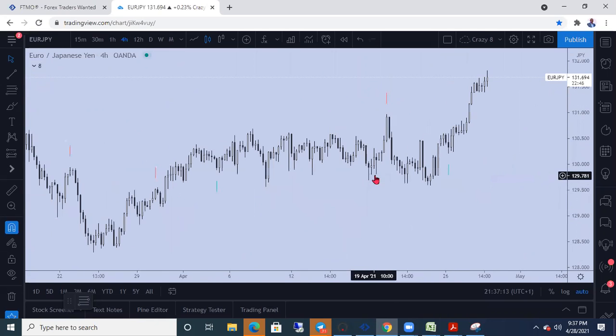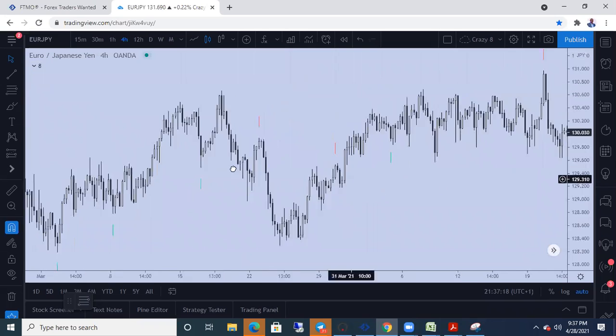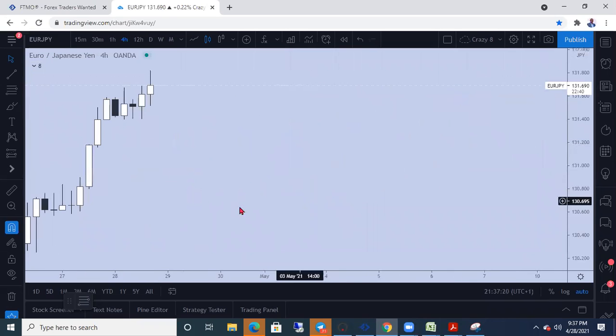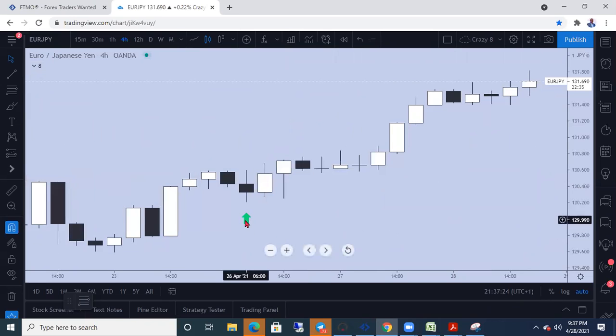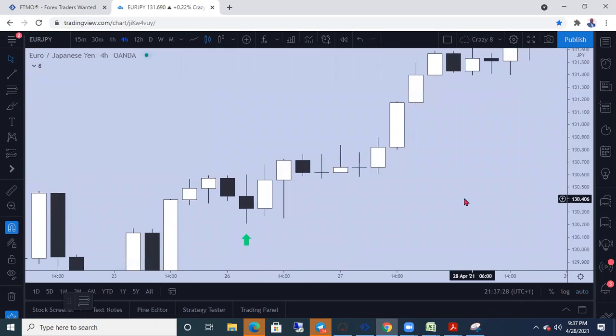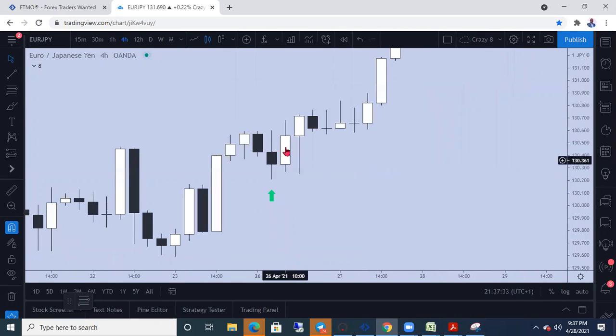So let's say we came up to our chart this week. Let's look at our chart this week. This is 26th of April. The first candlestick pattern we would have seen is a bullish AQZ pattern. Again, this is a bullish engulfing candle.